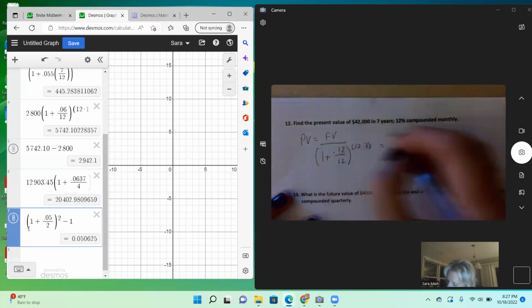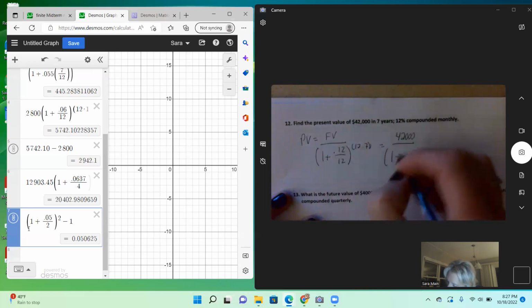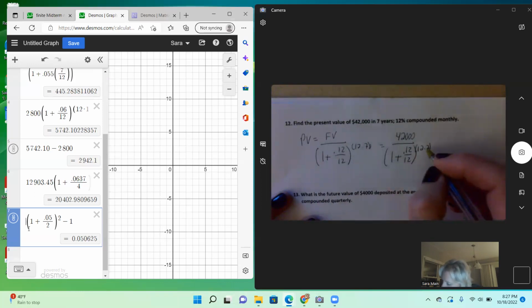Okay, so that would be 42,000 divided by 1 plus 0.12 divided by 12, to the 12 times 7. And remember your exponent, that 12 times 7 right here, that needs to be in parentheses.